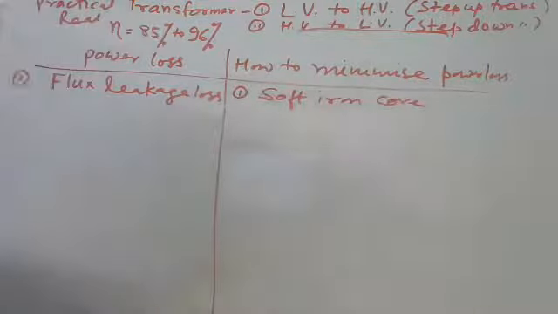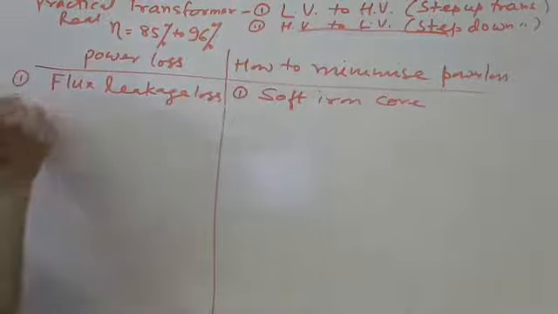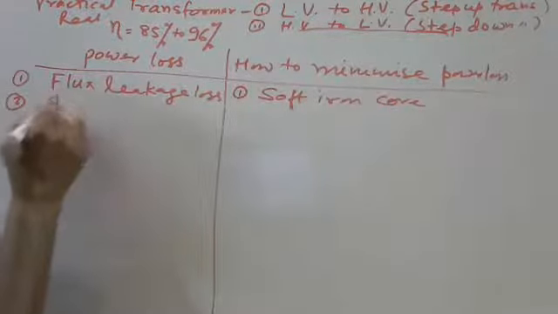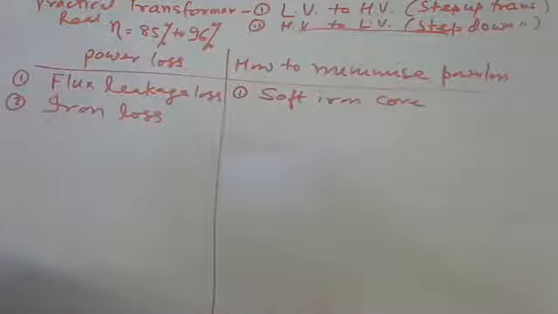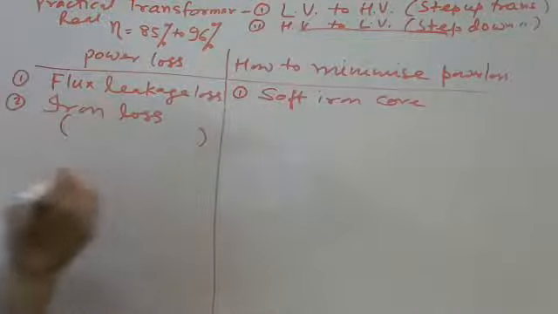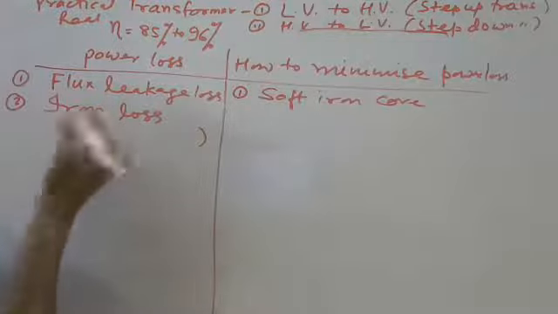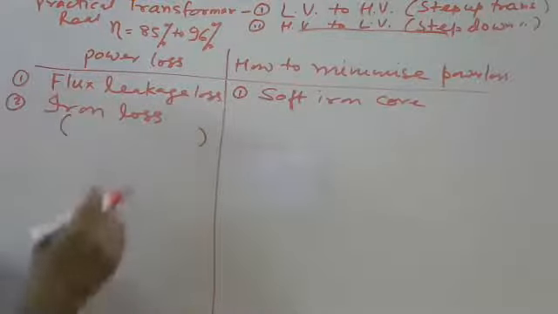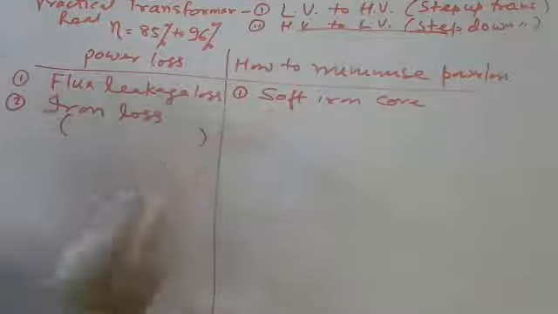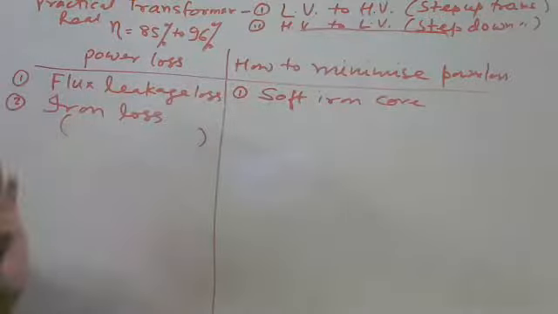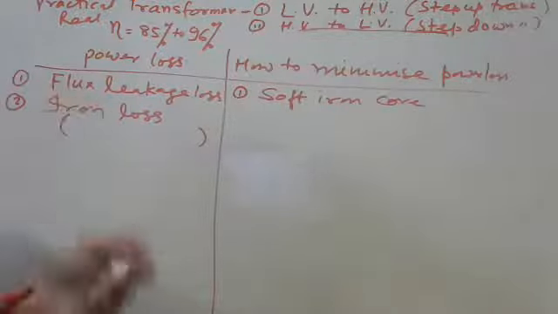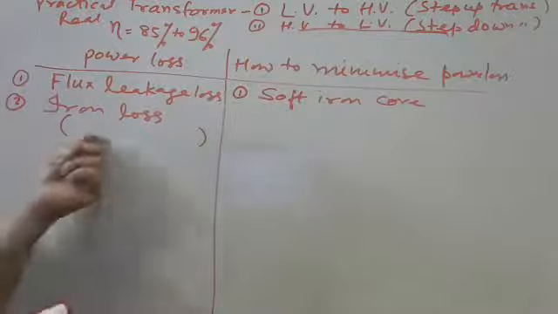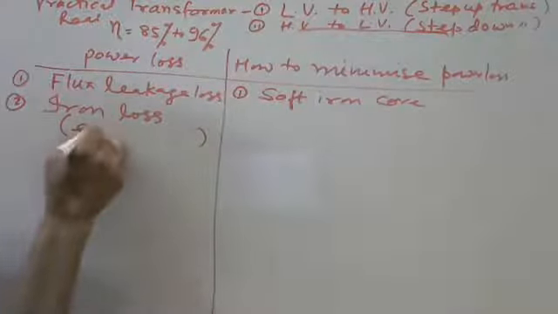Second is the iron loss. Iron loss means the power loss in the soft iron core. Flux leakage loss in soft iron reduces, but here the iron is a solid piece. So a new type of loss comes into the picture, that is called eddy current loss.